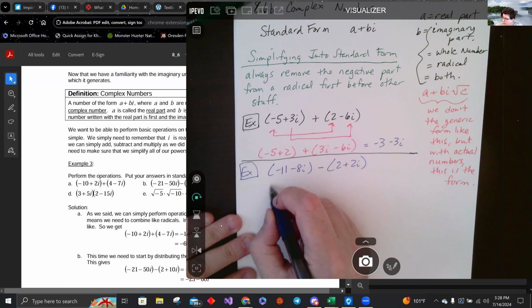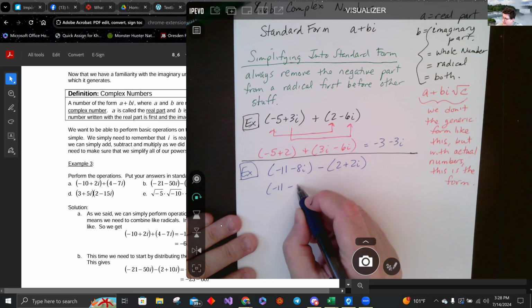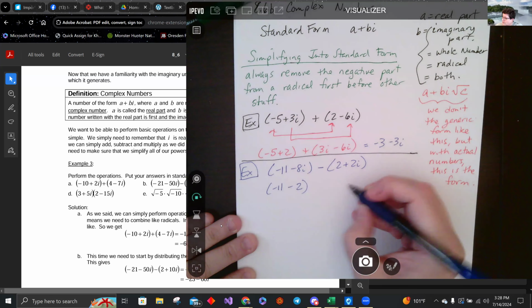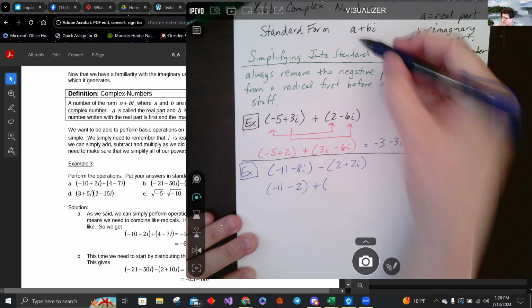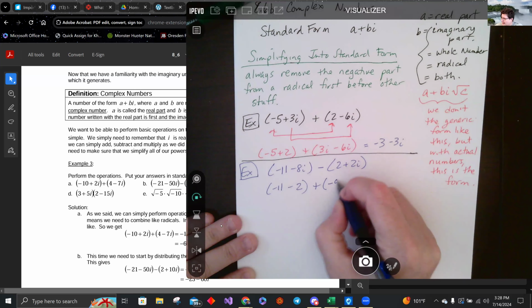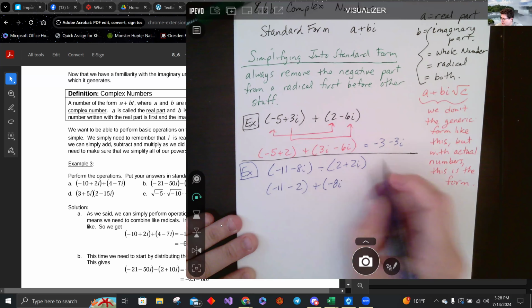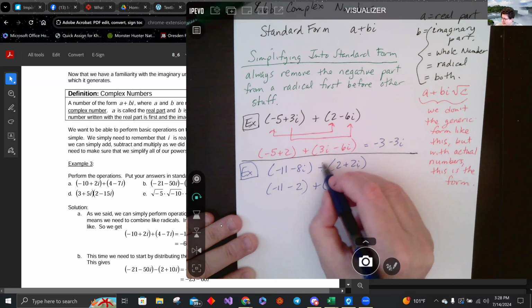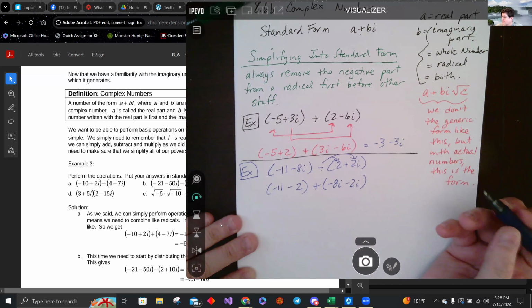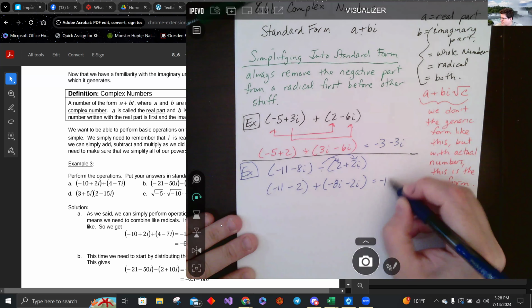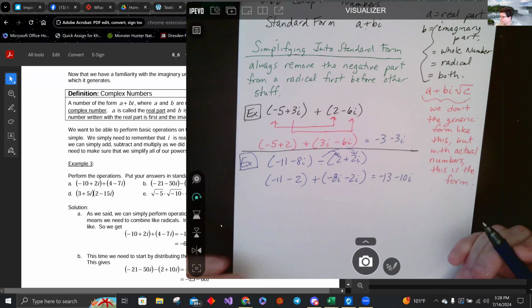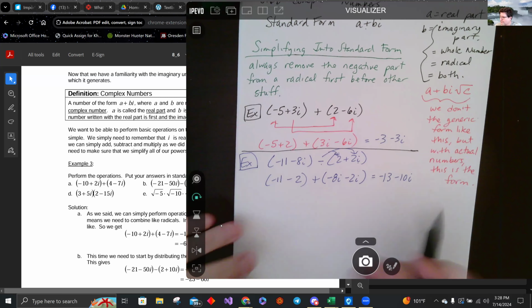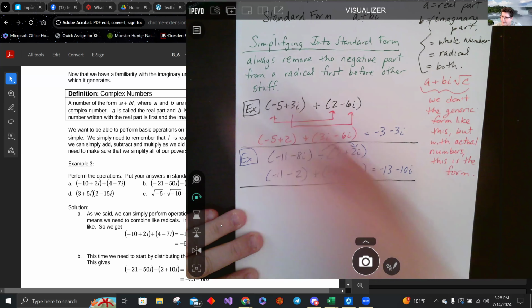I'm going to break this up into two parts, the -11 and then -2, and then plus, because this plus is matching that plus, I've got -8i, and then -2i. Remember, the minus has to be distributed to both things. Here, this cleans up to negative 13 minus 10i. Okay, that's addition and subtraction. It's relatively straightforward. Add reals separately from imaginary.